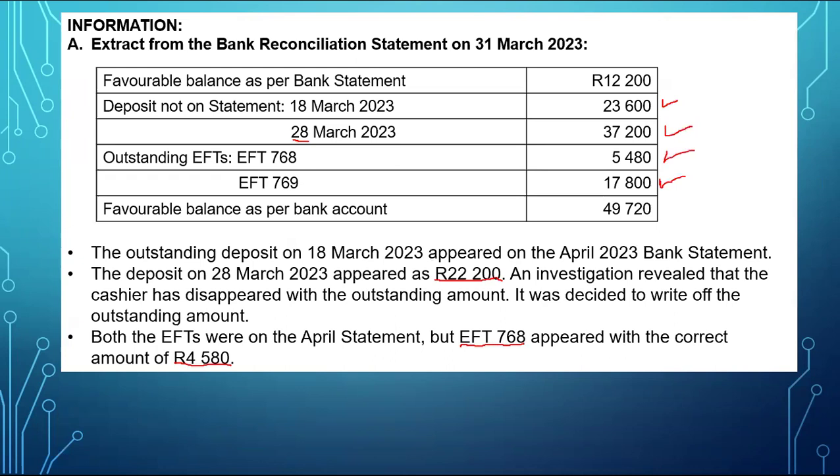The problem with this one is that we overpaid, because according to the bank, the money that went out of our bank account is only 4,580. But according to the cash payment, 5,480 went out of our bank account.